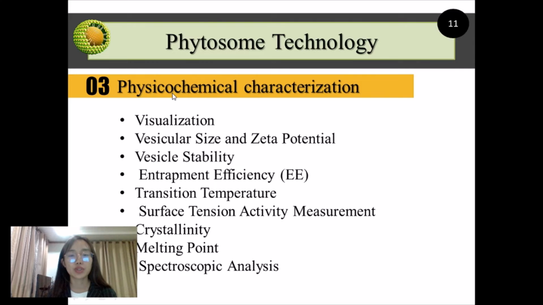Number 3, physiochemical characterization of phytosome can be analyzed by different techniques to detect the identity of phytosomal structure, which include the following techniques: visualization, vesicular size and zeta potential, vesicle stability, entrapment efficiency, transition temperature, surface tension activity measurement, critical aggregation, melting point, and spectroscopy analysis.